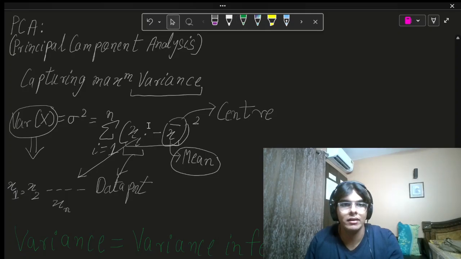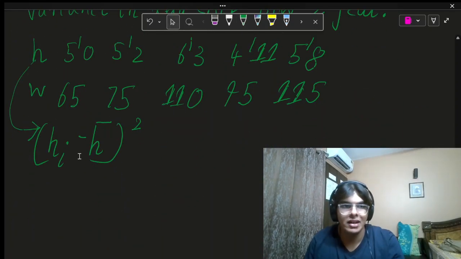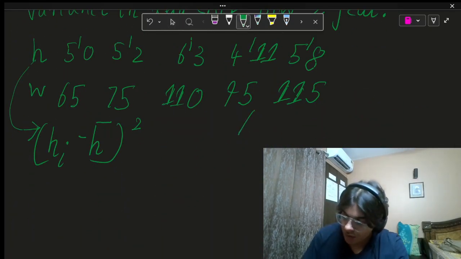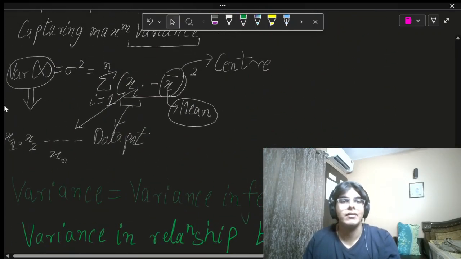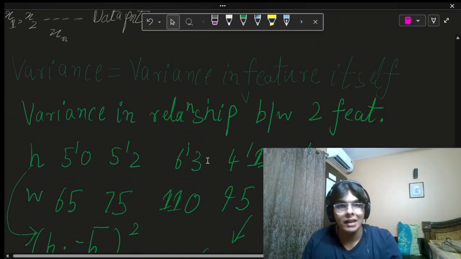So that will be the variance in height. Similarly, the variance in weight will be each individual weight value minus the mean of all the weights, and then the standard variance formula that we have got here.